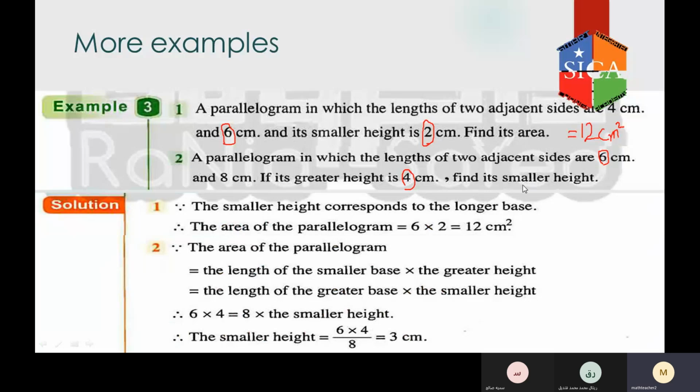To get the smaller height, we divide the area by the base, which is 24 divided by 8 equals 3. The area of the parallelogram equals the length of the smaller base times the greater height, or the length of the greater base times the smaller height. Then 4 times 6 equals 8 times the smaller base. So the smaller base here, if I want to find it, I say 6 times 4 divided by 8.